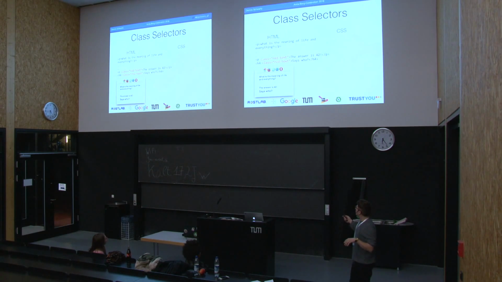Using the class attribute, you can now add a specific class, in this case the class with the name red text, to multiple elements. And in your CSS, you can just define it once. And this is done by using the dot notation, so it's period, name of the class, all the stylings you want to give it, and then you can give this class to any element you want, and it'll be rendered by the browser.